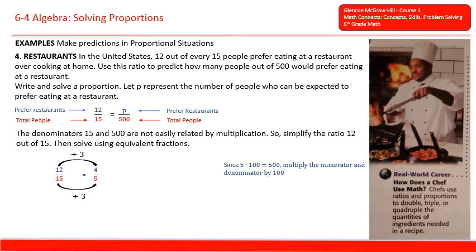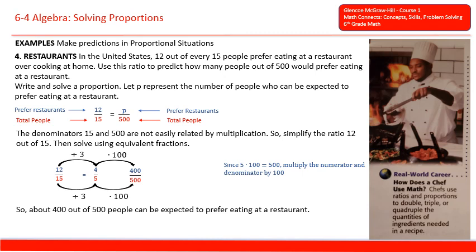Since 5 times 100 equals 500, multiply the numerator and denominator by 100. So we're going to multiply 5 times 100 and 4 times 100. We're going to get 400 out of 500 people. So about 400 out of 500 people can be expected to prefer eating at a restaurant.